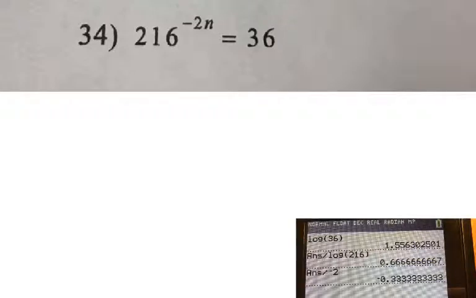Okay, so what are we going to do here? Notice the 216 power. So I'm going to do a log base 216 on both sides. Hopefully you allow me to squeeze it in there.